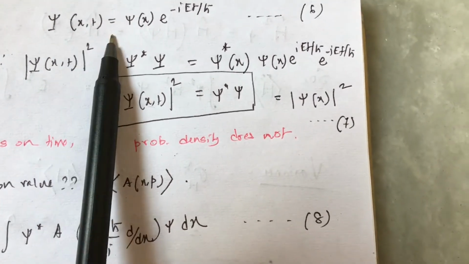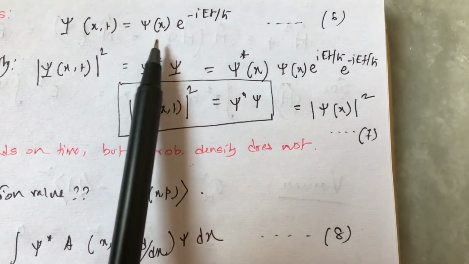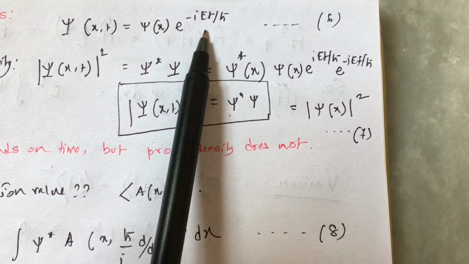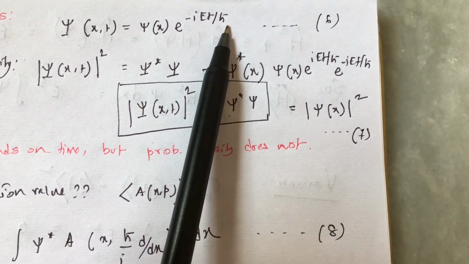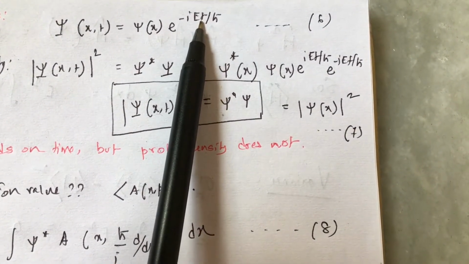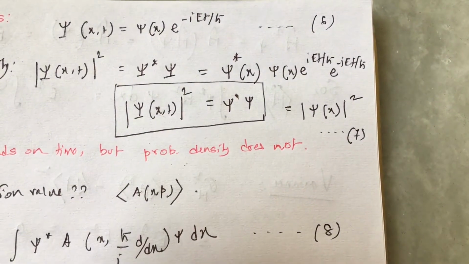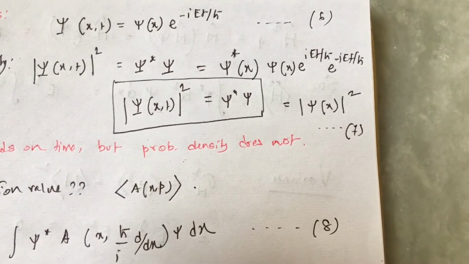So my wave function will take this kind of form, where psi(x) is a space term and this is the time-dependent term, exponential of minus iEt by h cross. This is completely okay because if t is very large, e to the power minus infinity tends to 0, which means the wave function will not blow up.